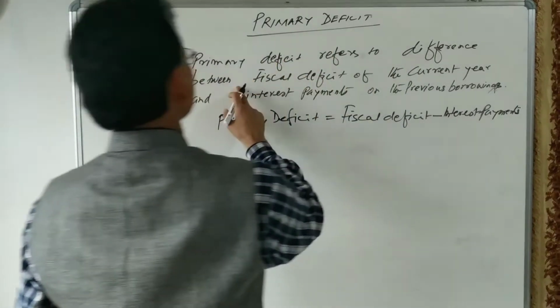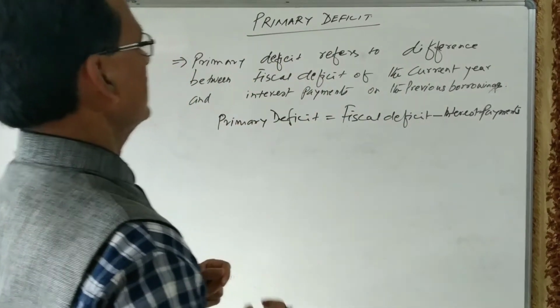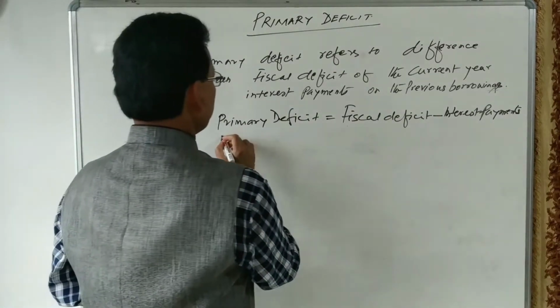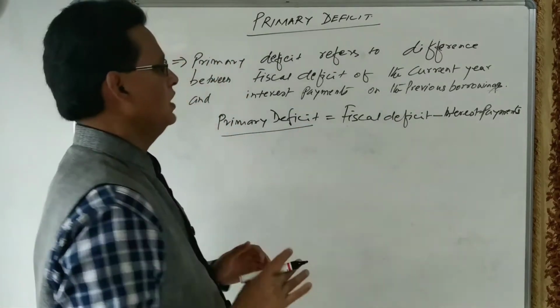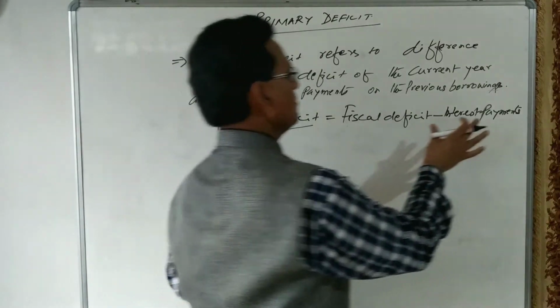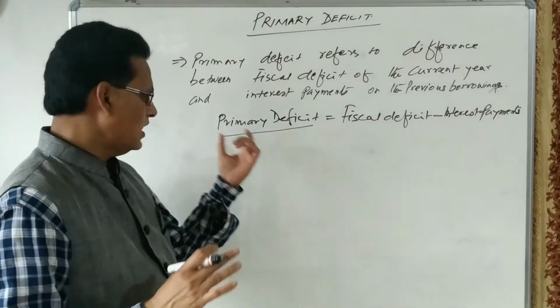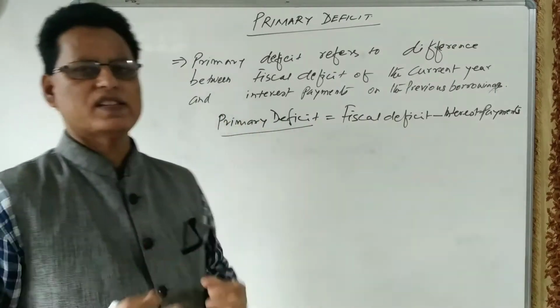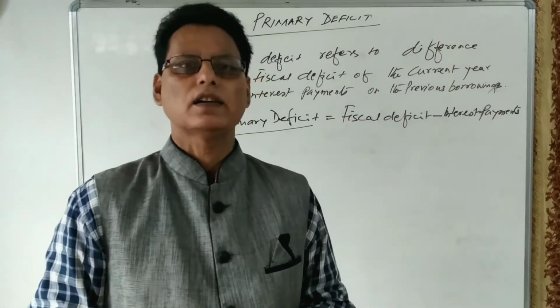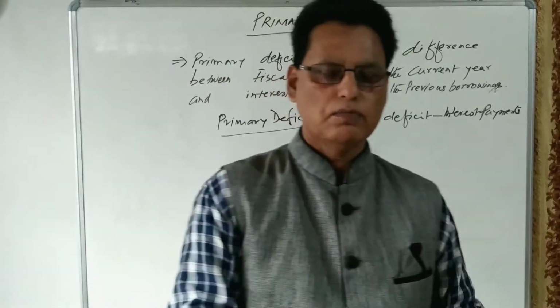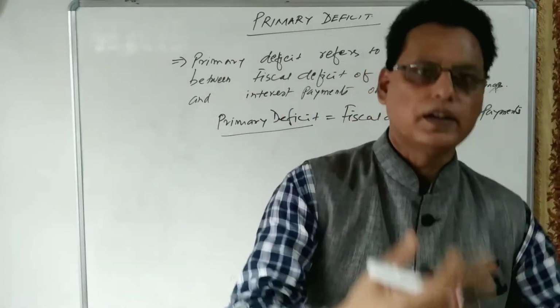It means primary deficit is equal to fiscal deficit minus interest payments. This primary deficit tells us how much expenditure of the government goes for development.